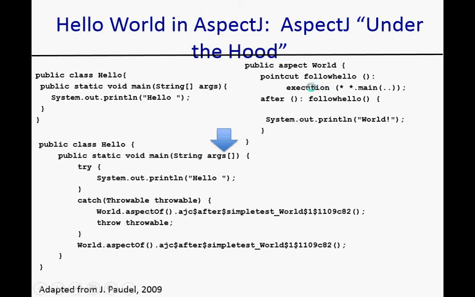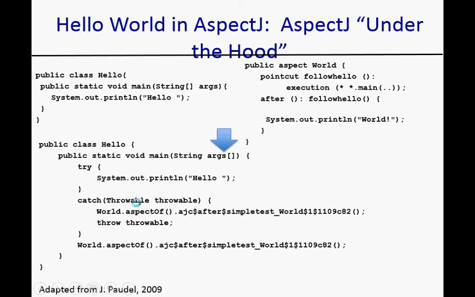So when we run an AspectJ compiler, it weaves this code into this code, and it does it in a very consistent way. So if the execution proceeds normally and there's no exception thrown, we will then call off to this advice to print out world.